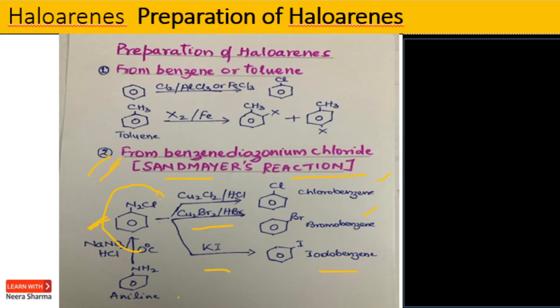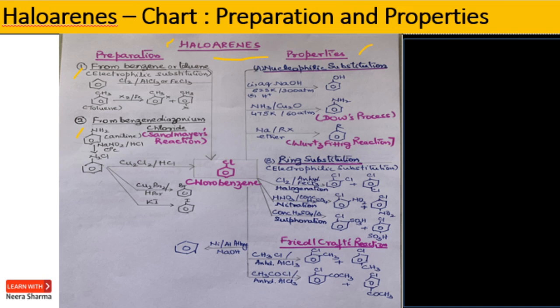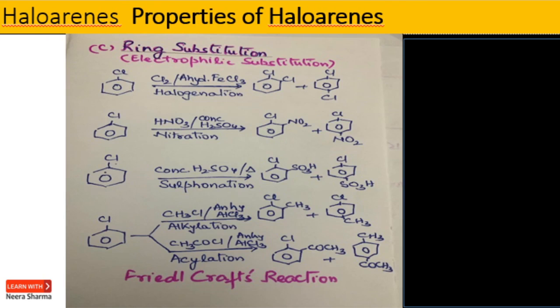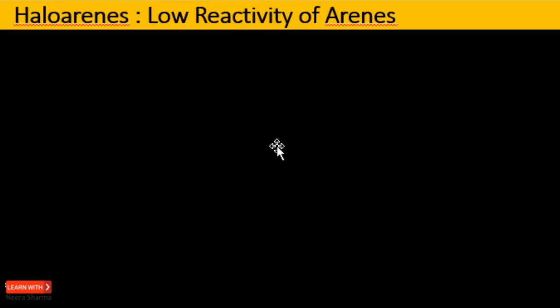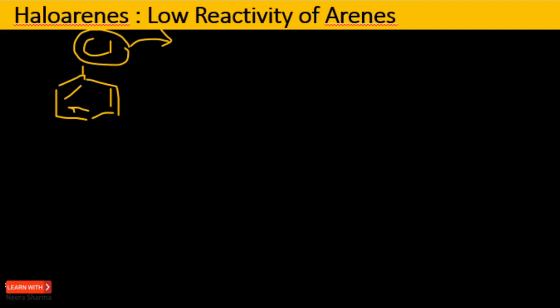Now if we see the properties, they undergo nucleophilic substitution reaction. Now this arene is not as reactive as haloalkane. If I am taking chlorobenzene, it is more difficult to remove this Cl as Cl minus in case of chlorobenzene than in case of RX.